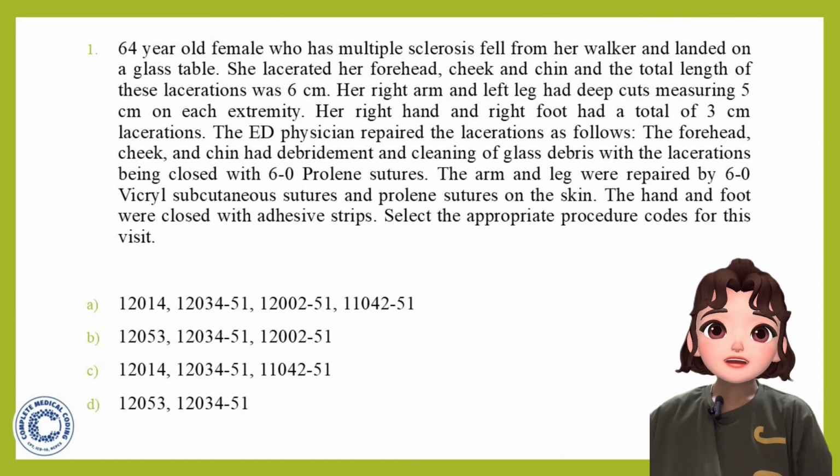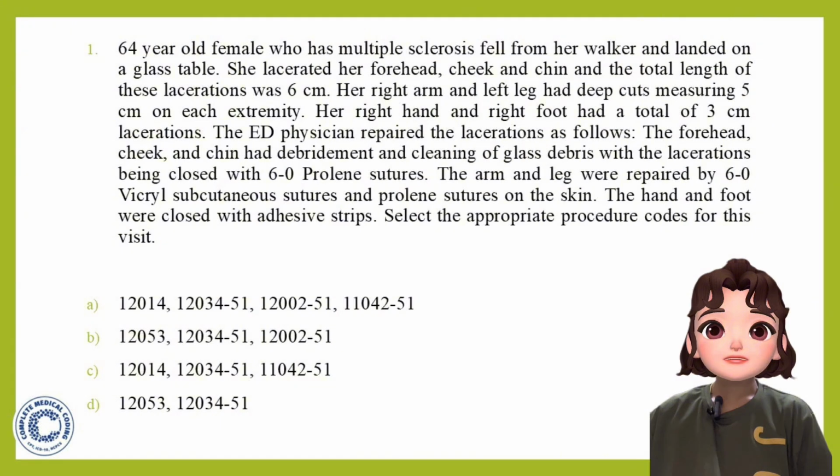A 64-year-old female who has multiple sclerosis fell from her walker and landed on a glass table. She lacerated her forehead, cheek and chin, and the total length of these lacerations was 6 cm. Her right arm and left leg had deep cuts measuring 5 cm on each extremity. Her right hand and right foot had a total of 3 cm lacerations.